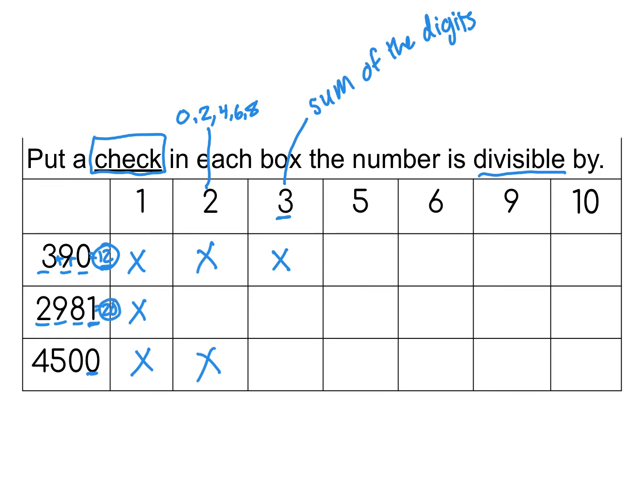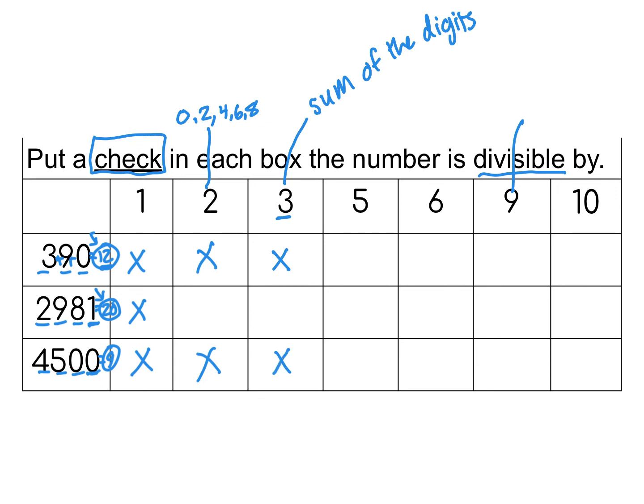And I'm keeping these sums of the digits over here so I can use them again for my 9s rule, because there's a rule there that works for the sum of the digits as well. So 20 does not divide by 3. 20 doesn't work. If I add this one, 4 plus 5 plus 0 plus 0, I get 9. 9 does divide by 3, so the whole thing will divide by 3.